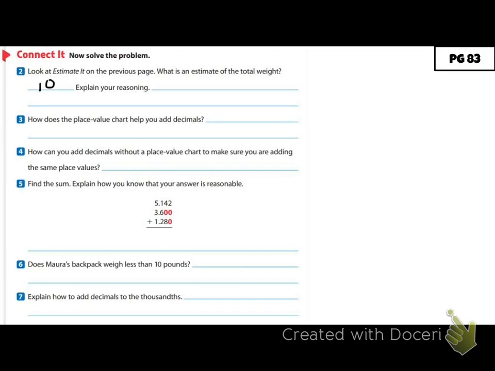You can round each decimal to the nearest whole number.